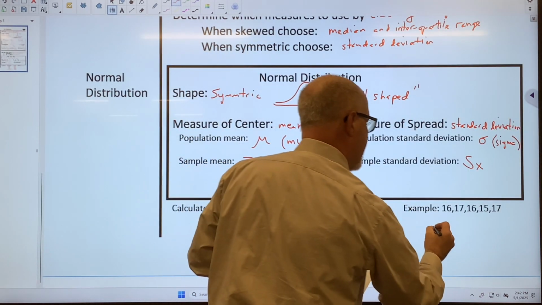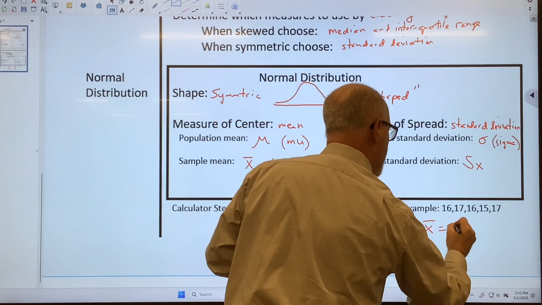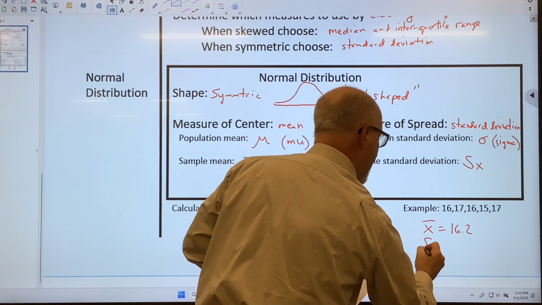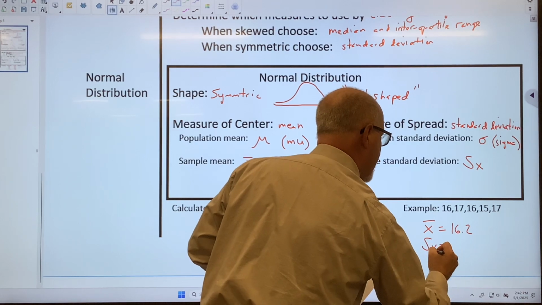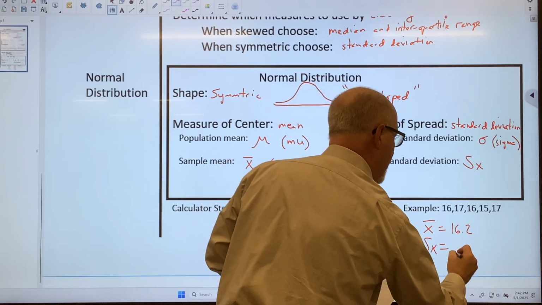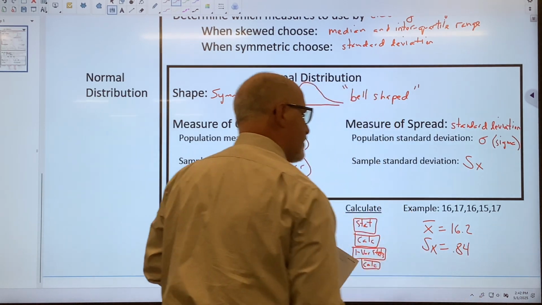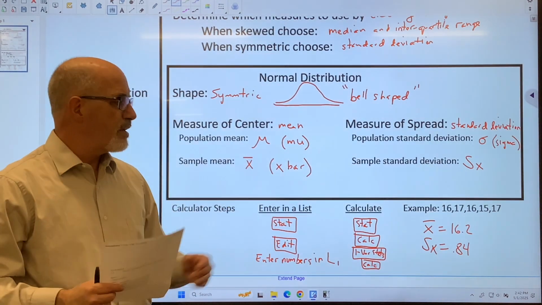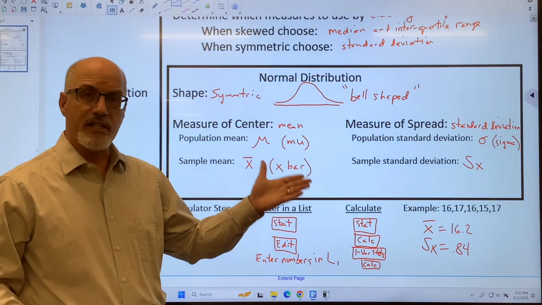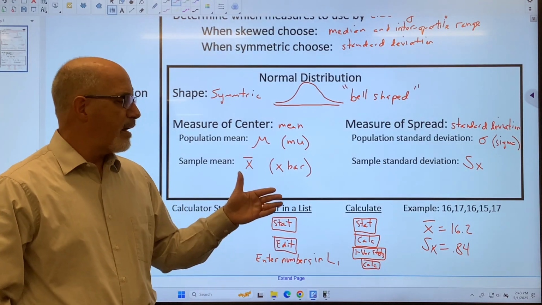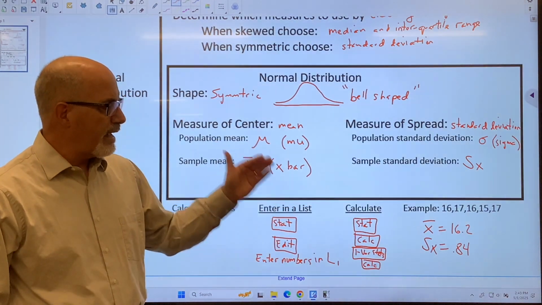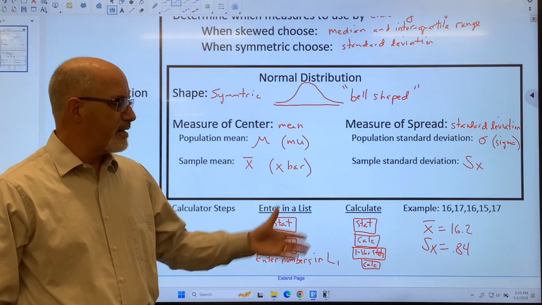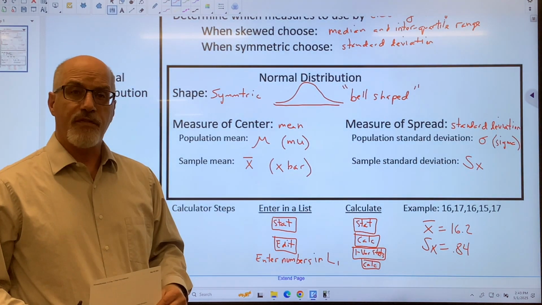I get from it that X bar is equal to 16.2, and my SX, the standard deviation for the sample, is about 0.84. So using your calculator, you can come up with some of these measures of location, the center, the mean of the sample, and also the measure of spread, which in this case is the standard deviation from the sample.